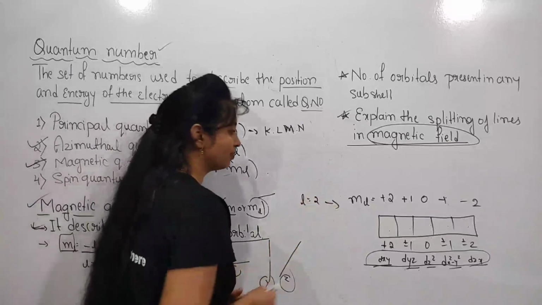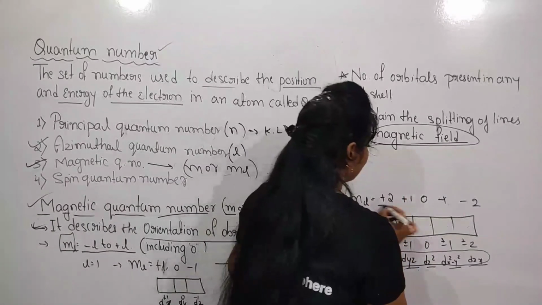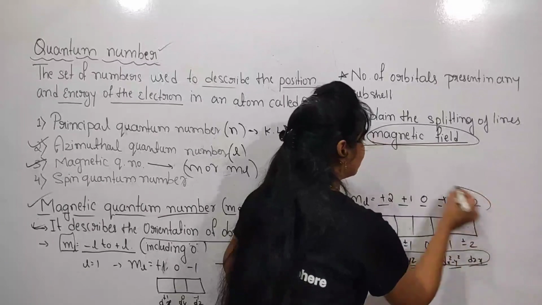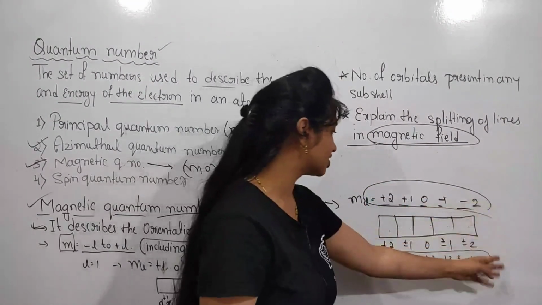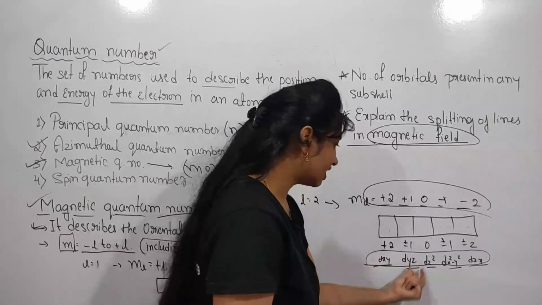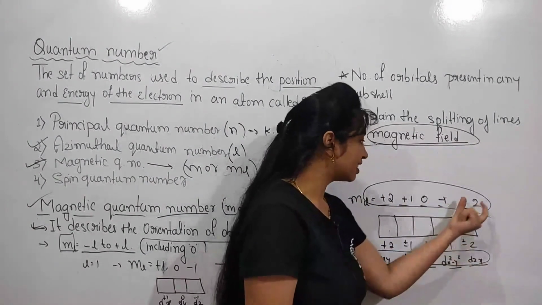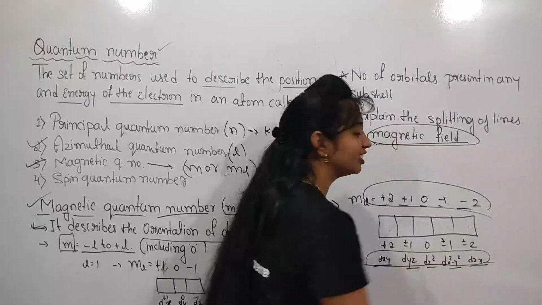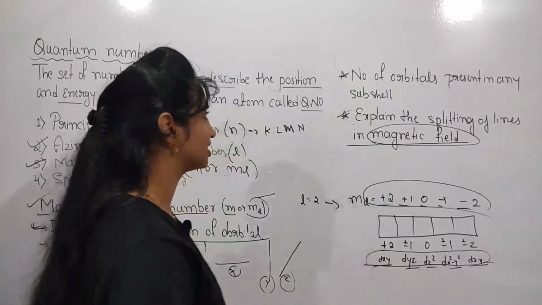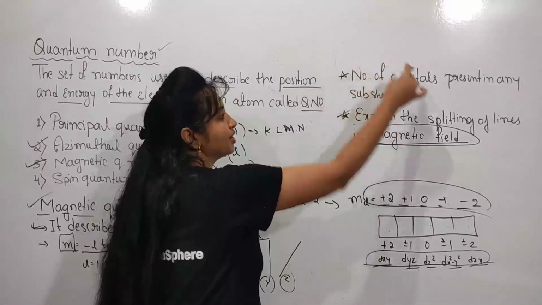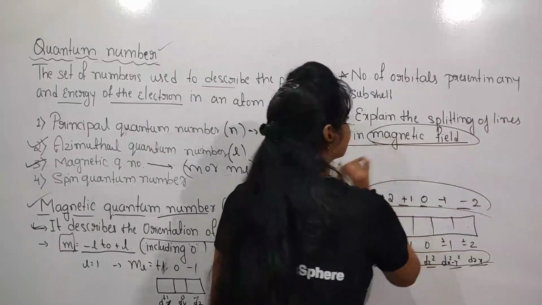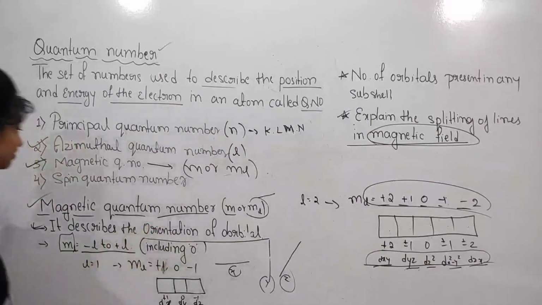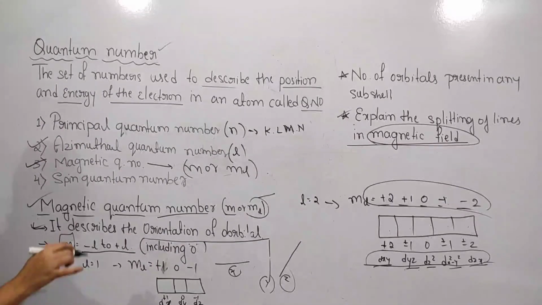If the value is 2, we have 5 orbitals, plus 2, plus 1, 0, minus 1, minus 2, like dxy, dyz, dz square, dx square minus y square, and dzx, the different orientations of the orbitals. It also says the number of orbitals present in the subshell, and it explains the splitting of lines in a magnetic field. So this is all about our magnetic quantum number. And next one is our spin quantum number.